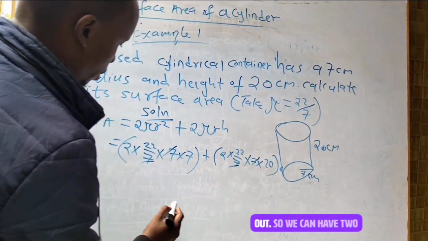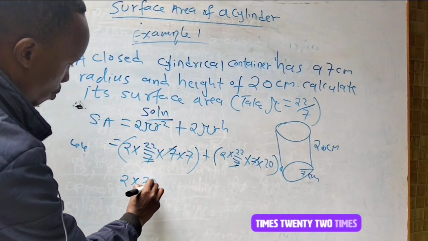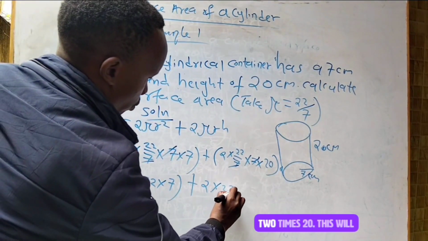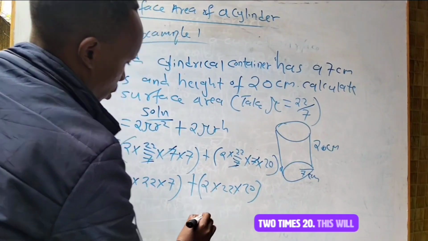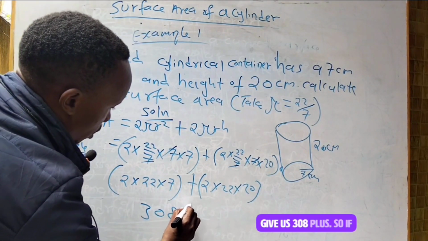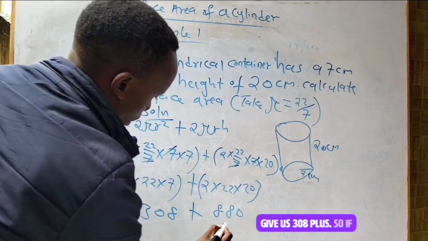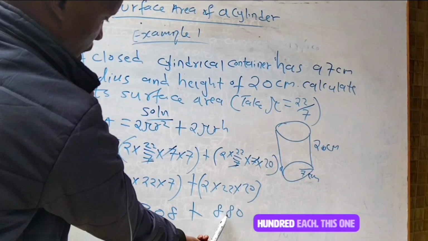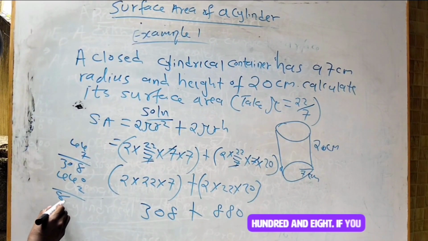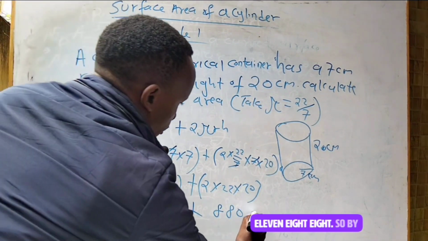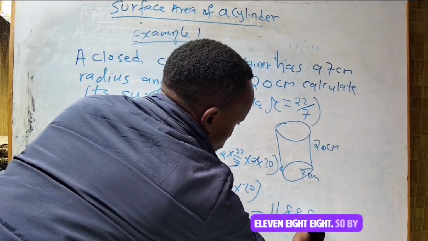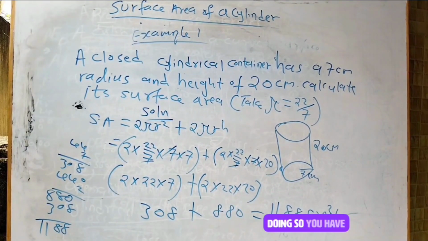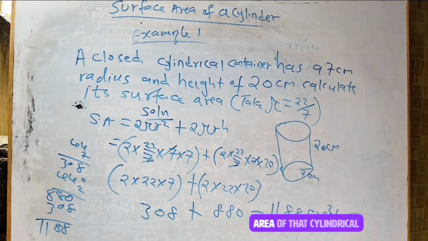Also we can cancel this one out, so we have 2 times 22 times 7 plus 2 times 22 times 20. This will give us 308 plus 880. If you add, it will give you 1188.